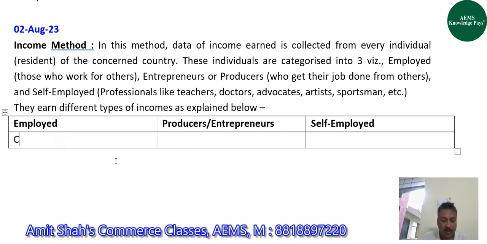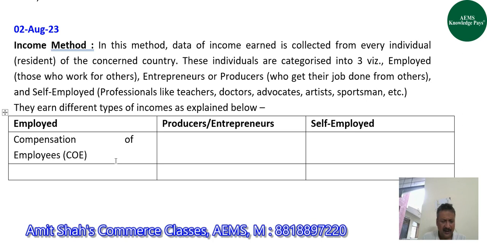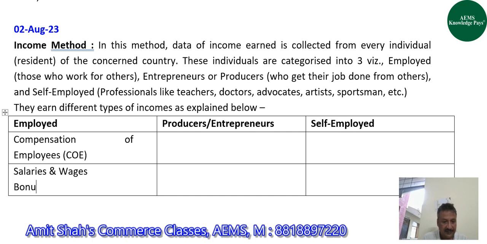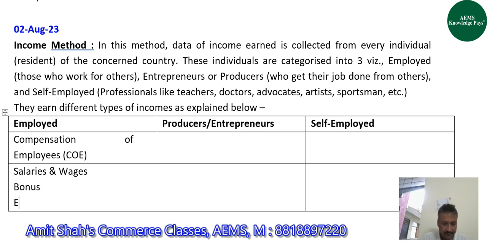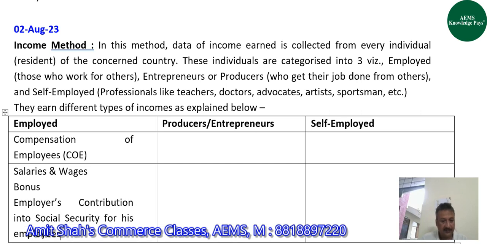Okay, income of employed is called compensation of employees. In short, COE. Those who are employed, what do they earn? That earning in totality is called compensation of employees, that is COE. Am I clear? And that includes salaries and wages, bonus, and employers' contribution into social security for his employees.